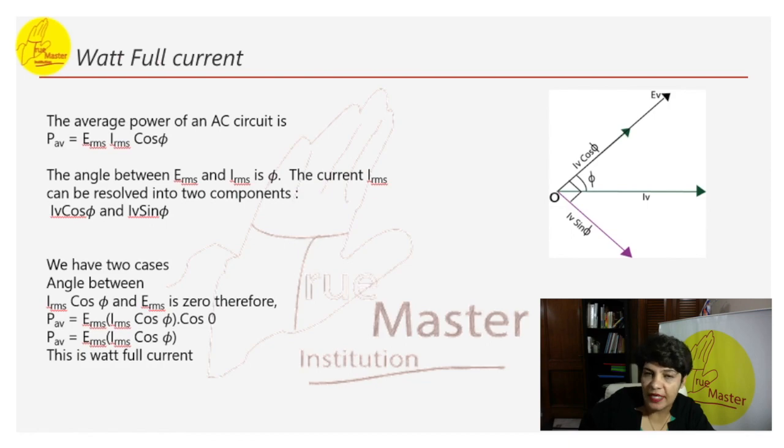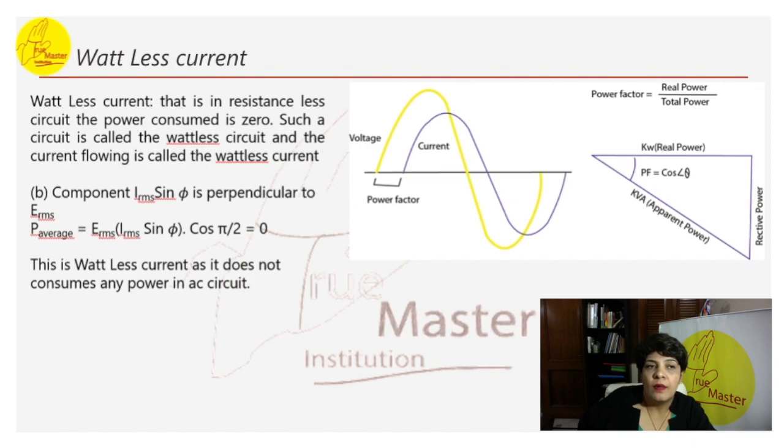Now what is wattless current? The current in an AC circuit is said to be wattless if the average power consumed in the circuit is 0. This is a wattless circuit as it does not consume any power in the AC circuit.